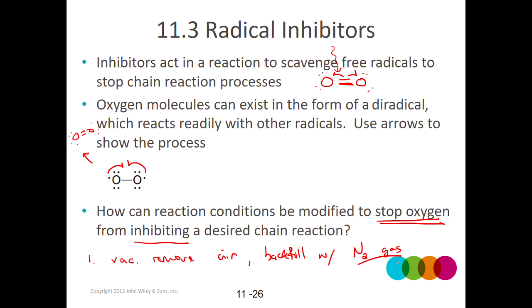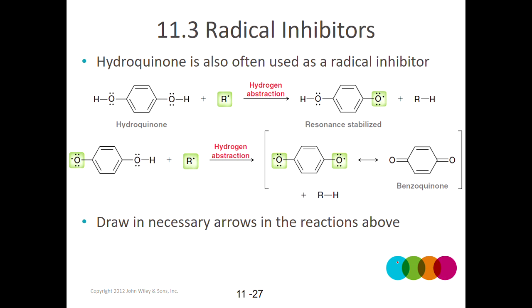Another option is to use a radical inhibitor. So if oxygen forms this unstable diradical form, and it starts reacting with a carbon-hydrogen bond or something like that, it could pick off this hydrogen and leave behind an electron and form a carbon radical.